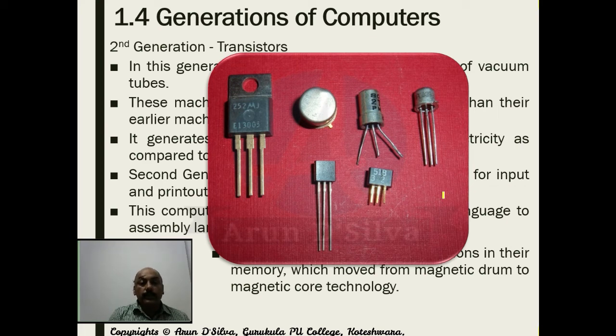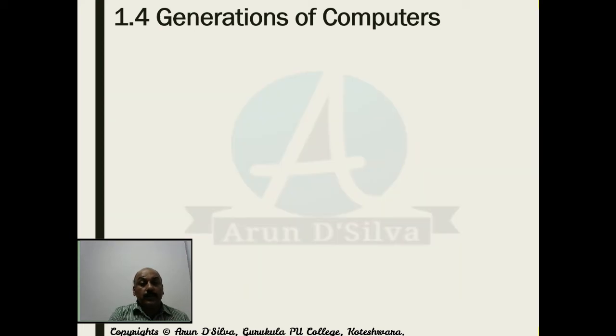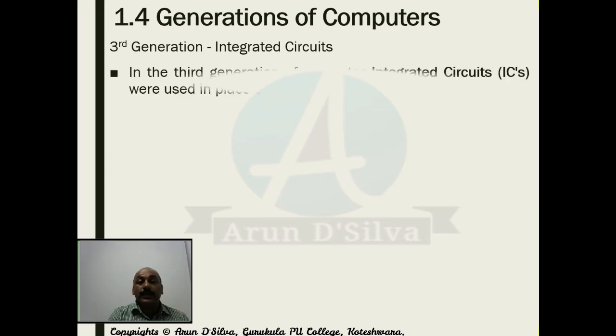Moving to the next generation, that is the third generation. In the third generation, the transistor was replaced by the integrated circuit. Now what is an integrated circuit? In short, we call it an IC.